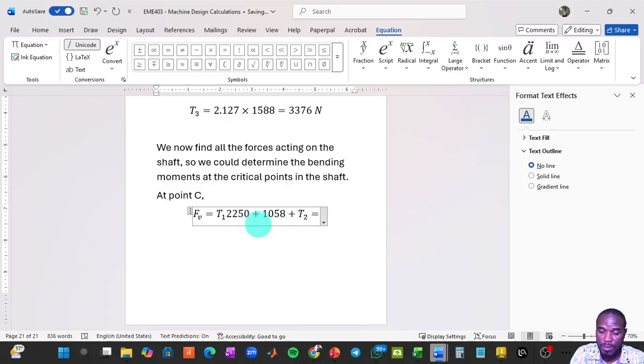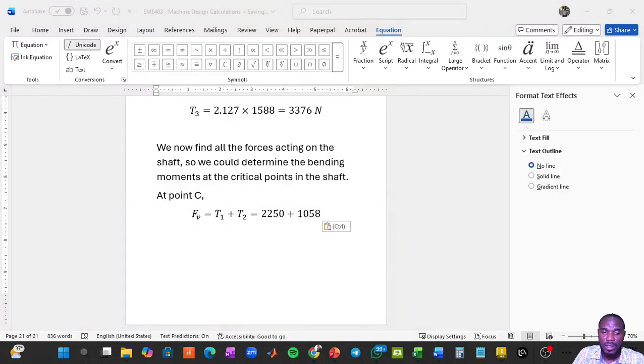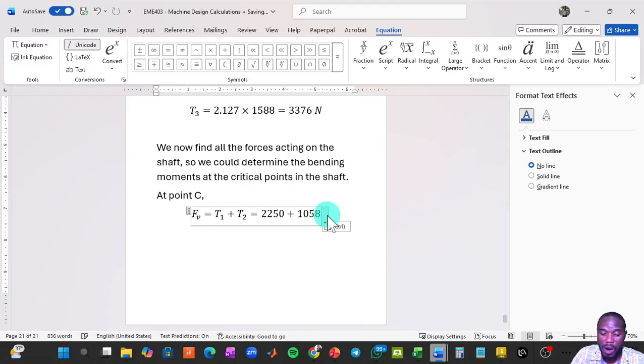When we sum these two together, we're going to have 3308 newtons.